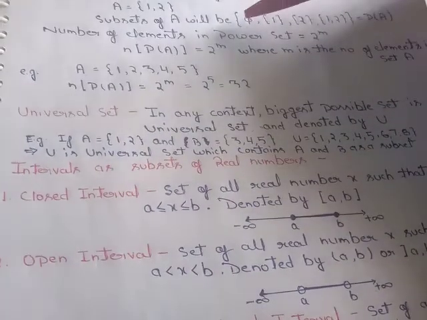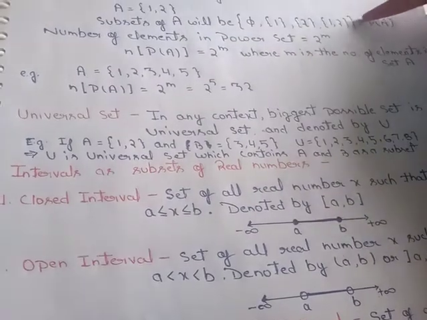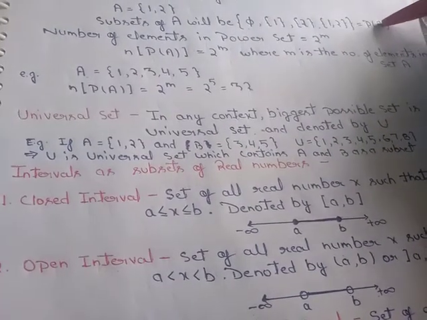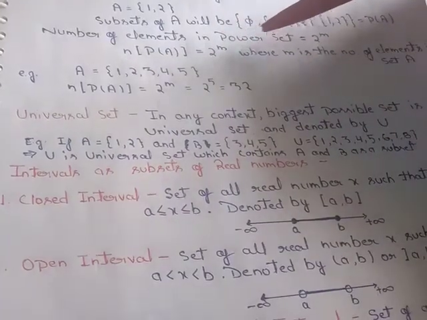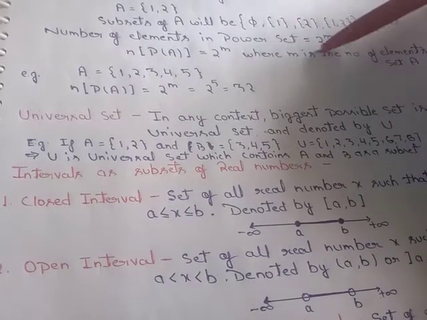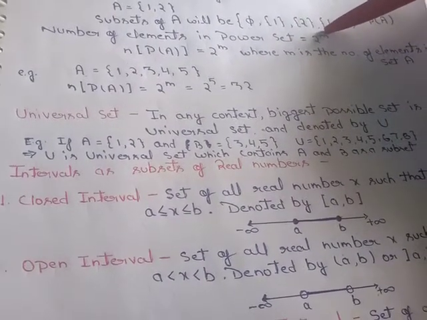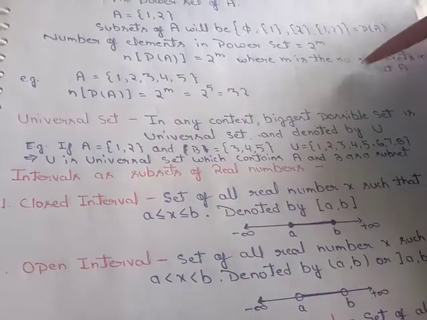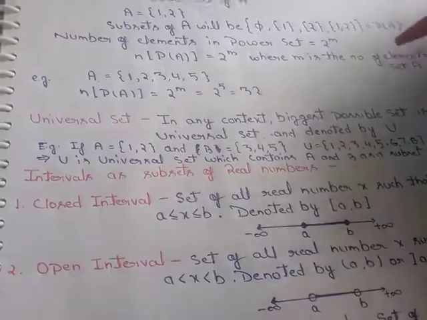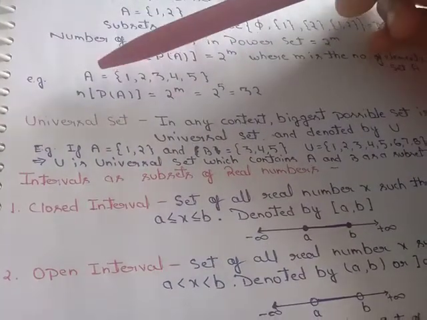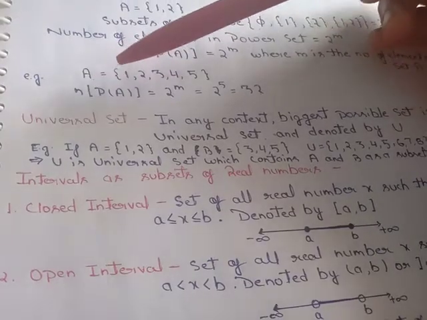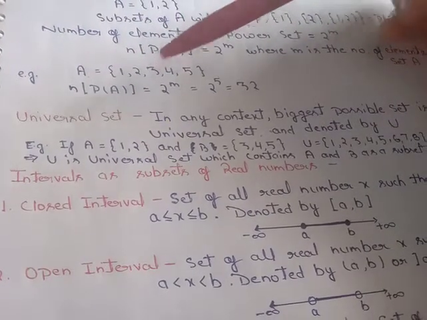So all the subsets of A are denoted as P(A). The number of elements in the power set is equal to 2 to the power m, where m is the number of elements in set A. Let's take an example. Consider a set A equal to {1, 2, 3, 4, 5}.